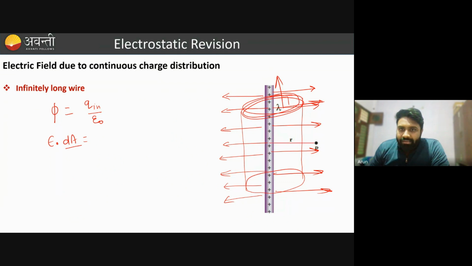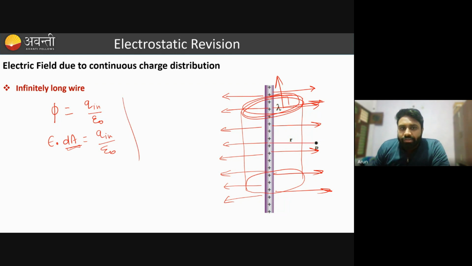This area is of the Gaussian surface. So always remember, it is for that surface area which has enclosed the charge. Got it? And that should be the Gaussian surface that we have assumed. So E dot dA is equal to Q enclosed upon epsilon naught.